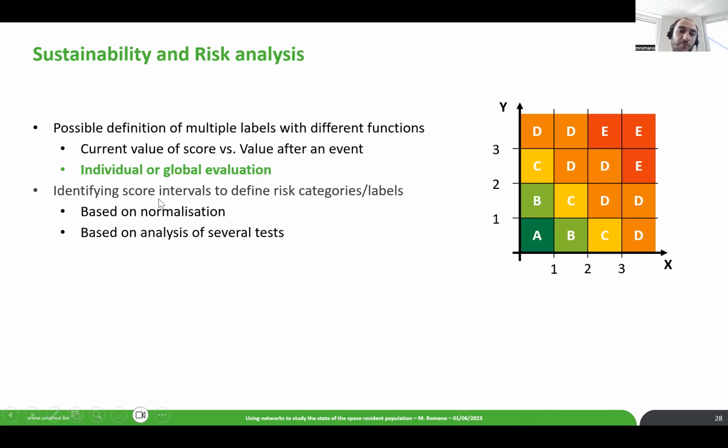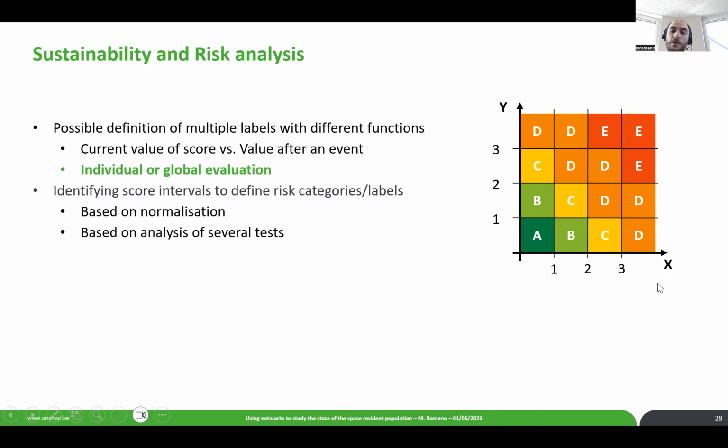And for example, by considering these measures, define some categories that say this is a good performance, this is a bad performance. Performance meaning, for example, this is an increase or a decrease of the risk of collision. This is good for sustainability or not. In this case, X and Y are, for example, any two objects.